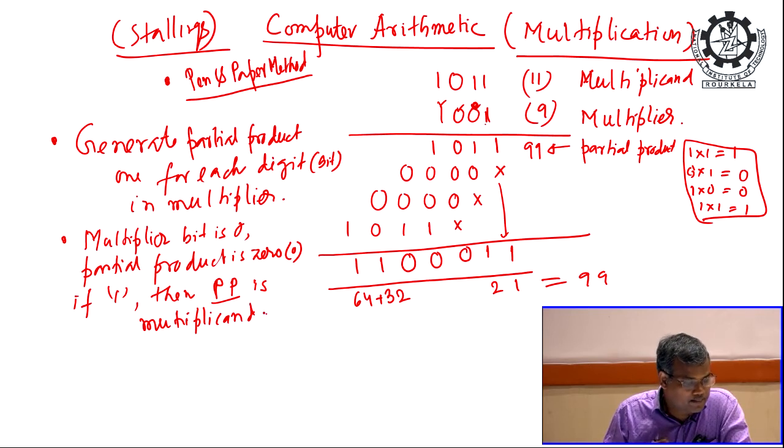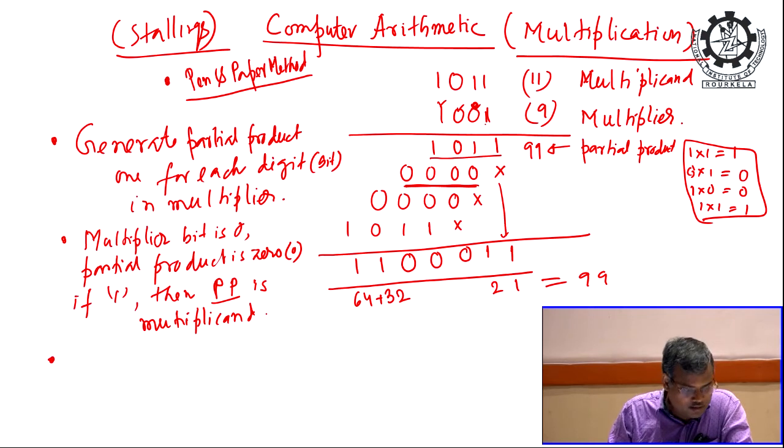Then one interesting thing: each time we started writing the partial product as if we shifted it to the left with respect to the old partial product. Initially we had 1 0 1 1, now we have the partial product 0 0 0 0, but we start writing after shifting the partial product by 1 bit. So, the partial product is shifted left by 1 position with respect to the preceding partial product.